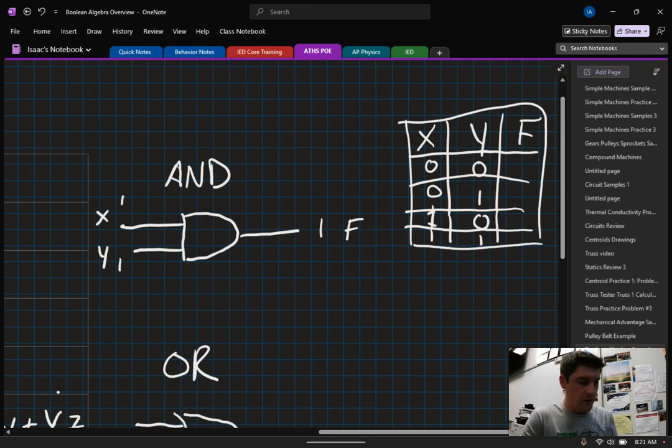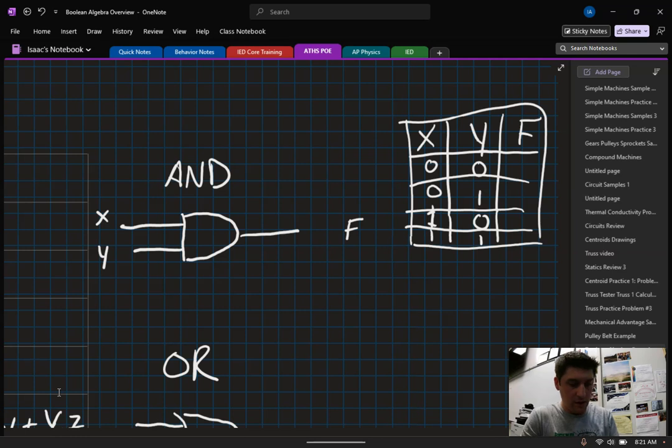So in this truth table, and we can check it on the gate here as well, the only time that I can get an output of 1 is if x and y are both 1. Everything else gives me a 0. So it doesn't matter what, the only time that I get an output of 1 is if y equals 1. x can either be 1 or 0, but it only matters if y equals 1 too.